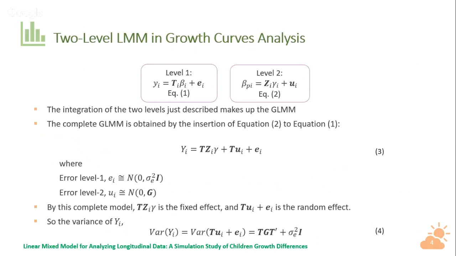So the variance covariance structure in the mixed model consists of the variance covariance structure of the error within subject. If we have growth data, it is the variance covariance for each baby in every group.